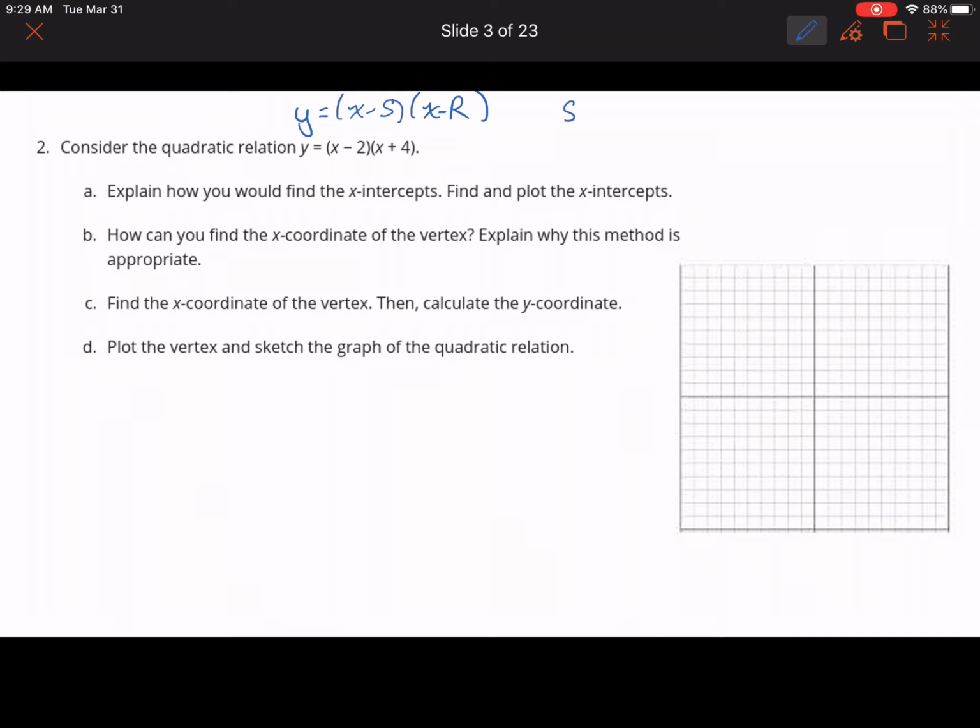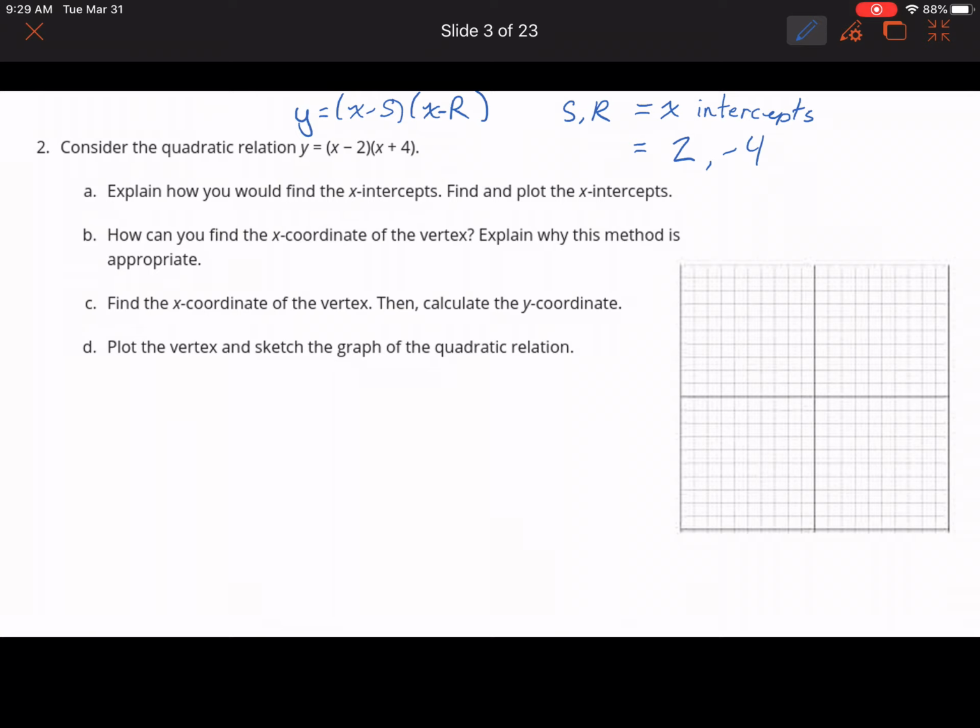And we know that in this case, s and r equal our x-intercepts. So we've got to remember that they are negative to start off, so we end up having to change the signs. So our x-intercepts, in this case, s and r, equal positive 2 and negative 4.